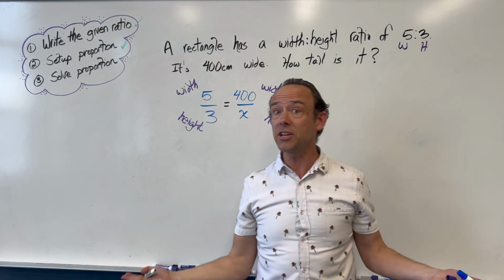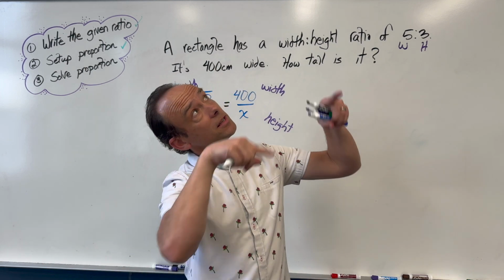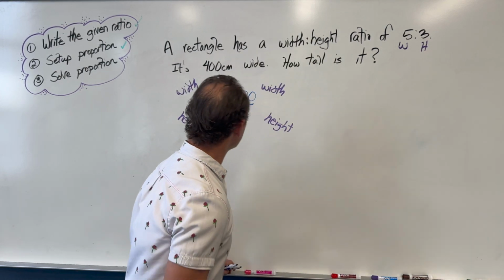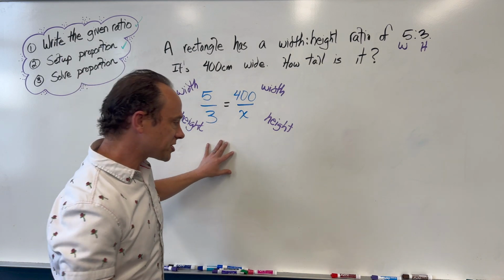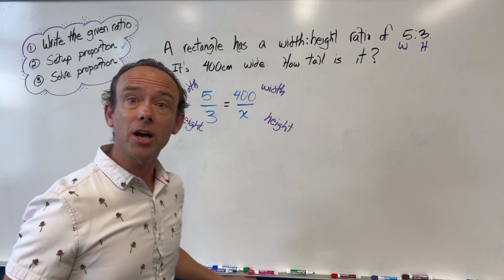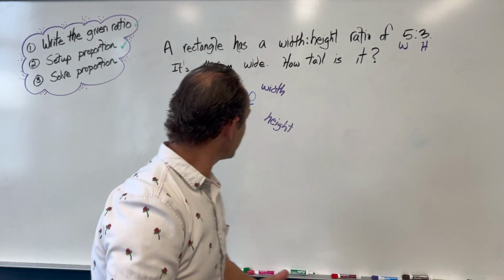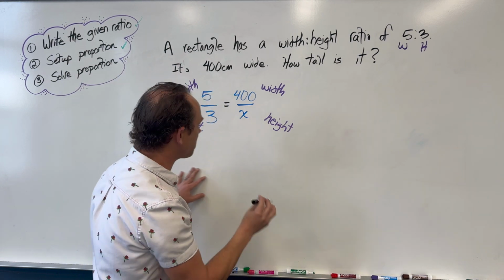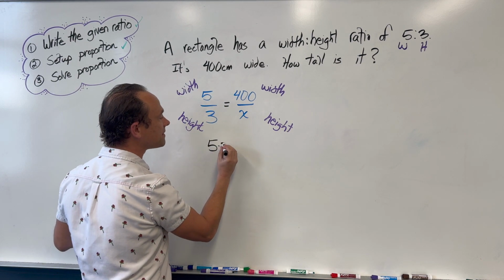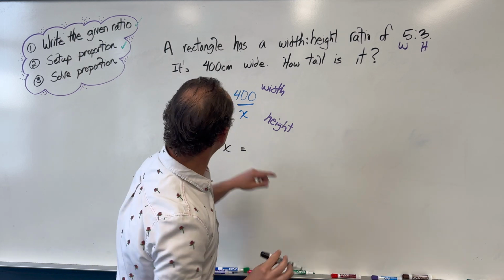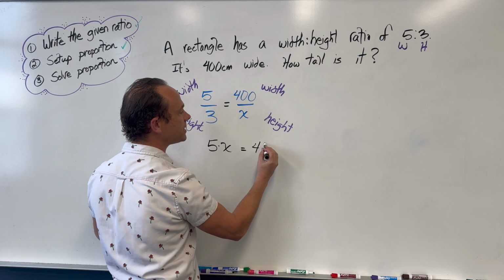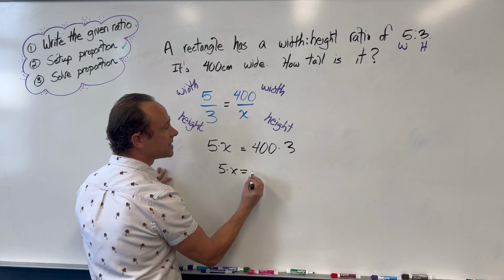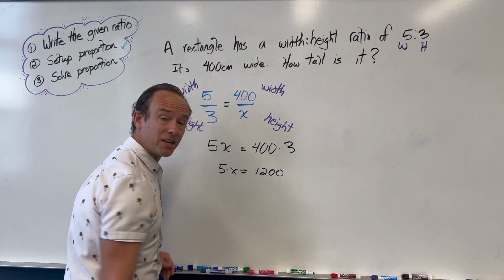By the way, I got videos on how to solve a proportion. Up there in the corner. But let's just solve it right here. I'm gonna use the cross multiplying method. So what I would do is multiply the top of one ratio to the bottom of the other and say 5 times x is equal to 400 times 3. So 5 times x is equal to 1200.